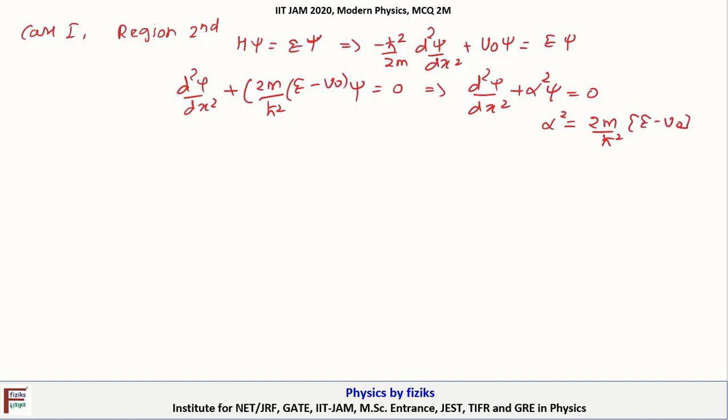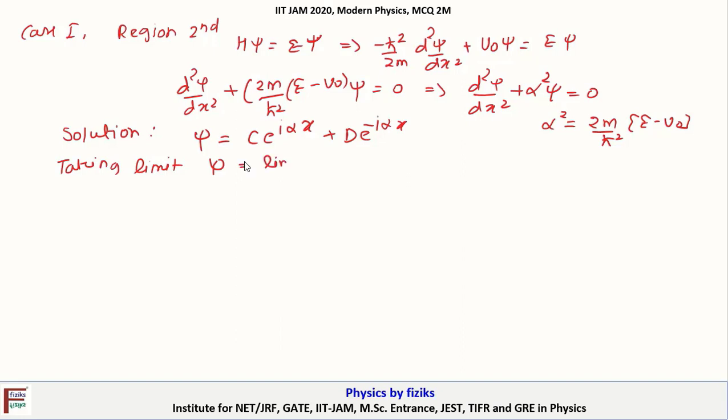The solution of the particle in this region would be psi equals C e to the power i alpha x plus D e to the power minus i alpha x. Taking the limit as x tends to minus infinity, psi of x must be 0, which implies D equals 0.